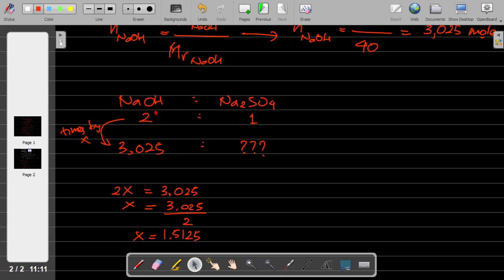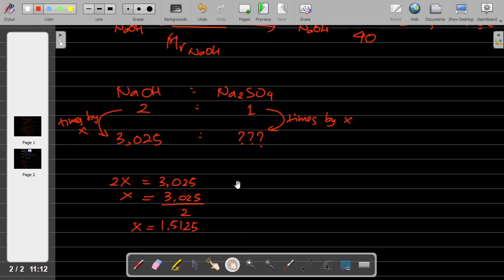So 2 times something becomes 3.025, and the something is x. From this to this, it must be times x. This also happens here, so because this is times x, this number must be times x as well.